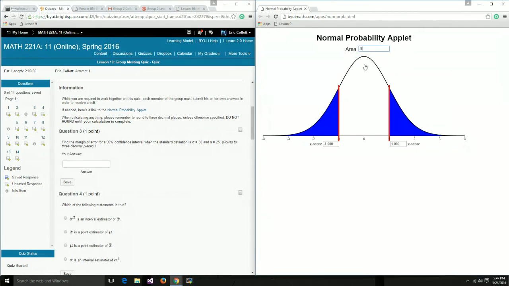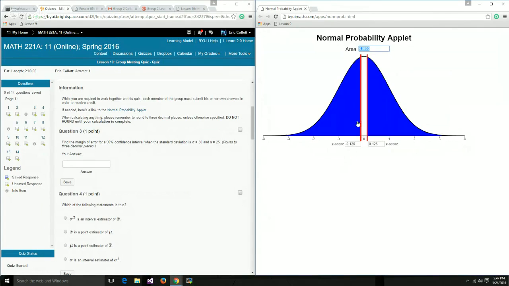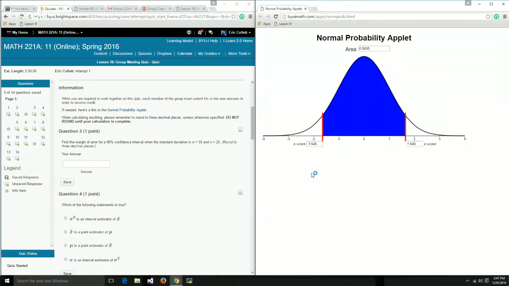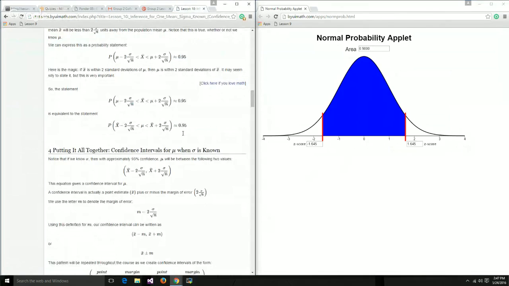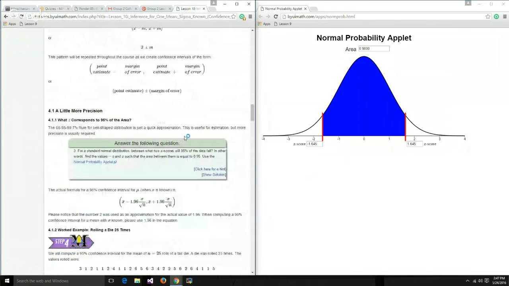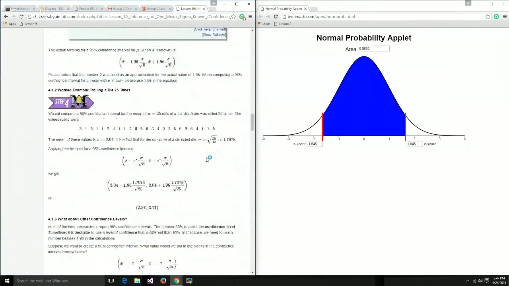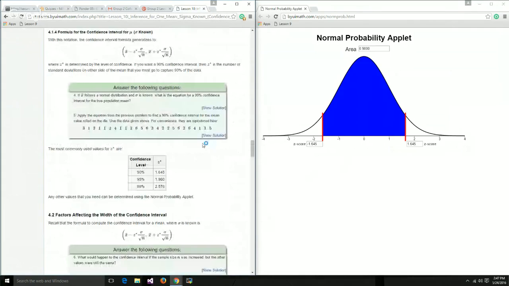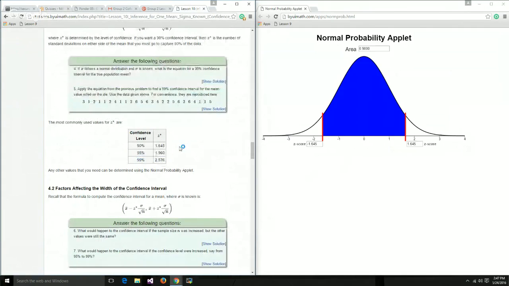If you go a little bit underneath, they give you the table for z-scores in the textbook, for 80% and 95%. Yeah, I found it right here too.